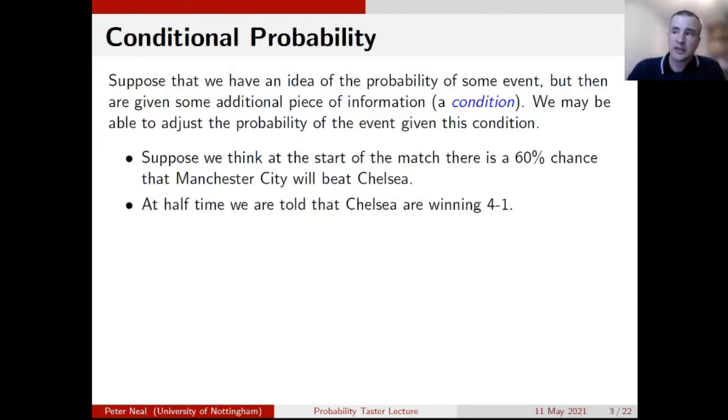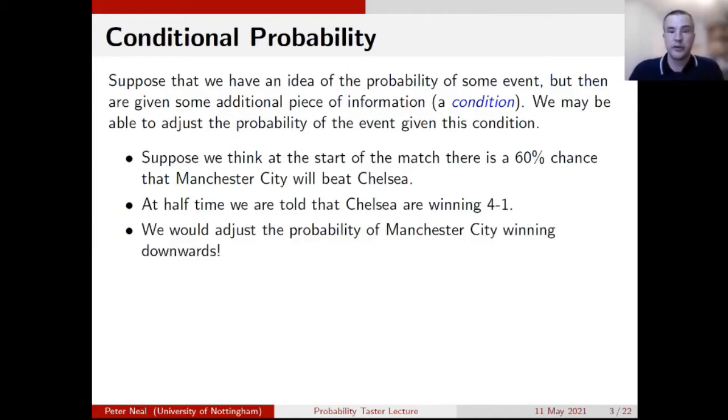But then we get to half time and we find that Chelsea are winning 4-1. Then our beliefs or probability of Man City winning probably go down at this point. We're probably not very optimistic.